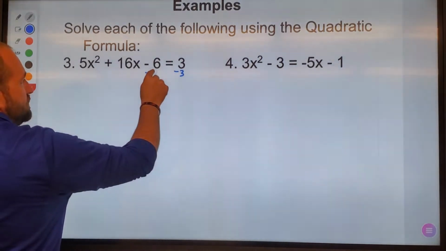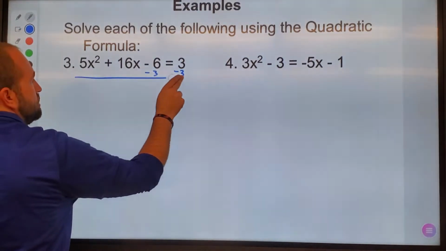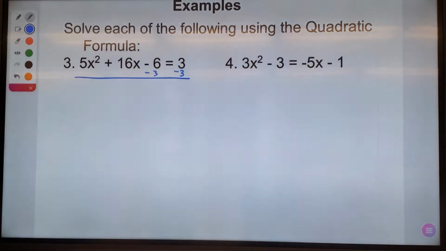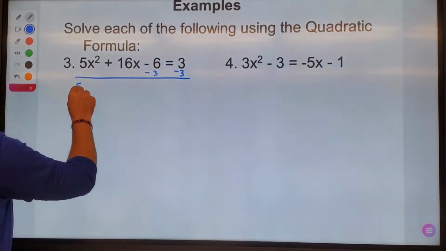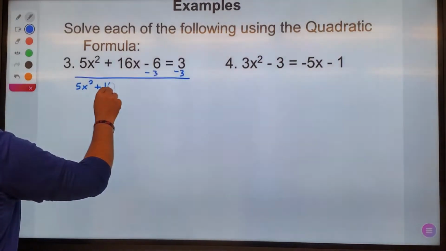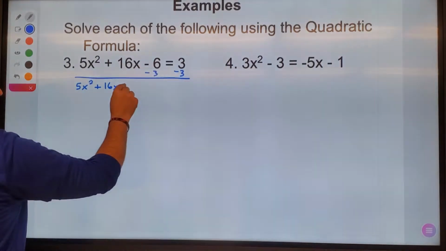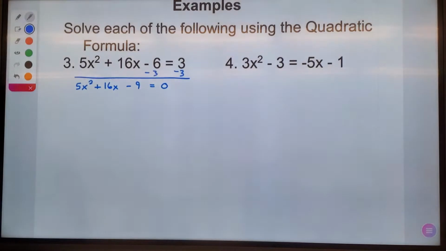And here, if I have a like term, again, I'm going to put it underneath it. We want to make sure that things are in standard form, so this is still in order if I just go ahead and subtract. So 5x squared plus 16x, now that becomes minus 9 equals 0.